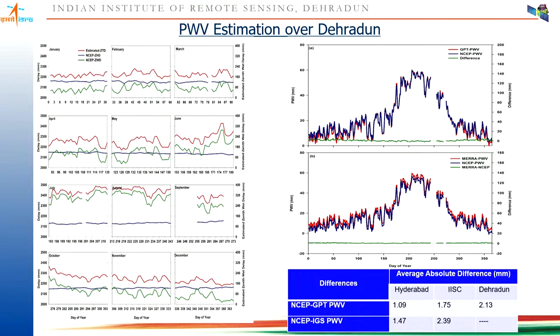From there we have taken, and you can see here only a difference of 1 or 2, and it follows the same pattern as MERRA. So that way we can derive the precipitable water vapor using the GPS data.